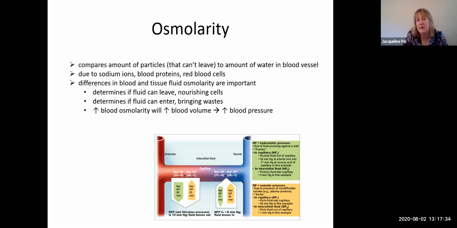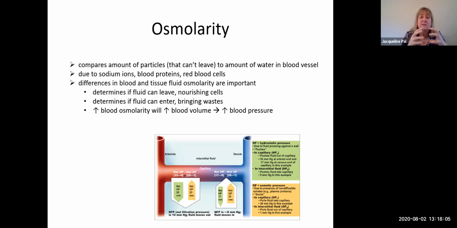Another important concept from previous science classes is one of osmolarity. And what this does is it compares the amount of, in a certain space, in this case, let's talk about a blood vessel, the amount of particles that can't leave to the amount of water. And so inside a blood vessel, yes, it's red blood cells, there's also proteins, and there's also ions involved.